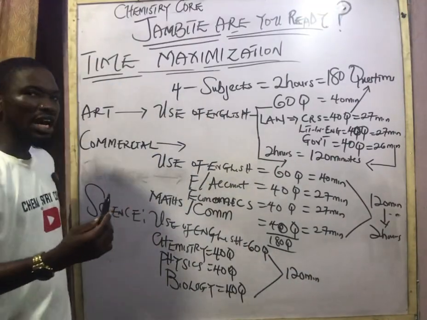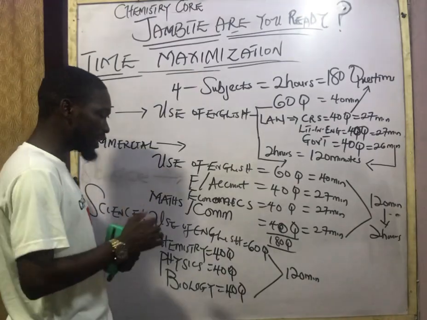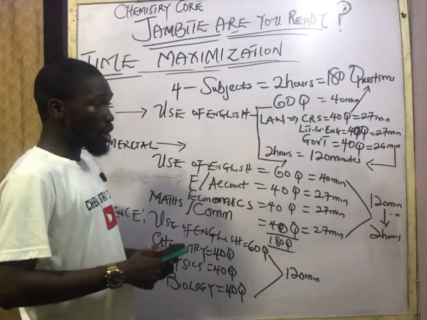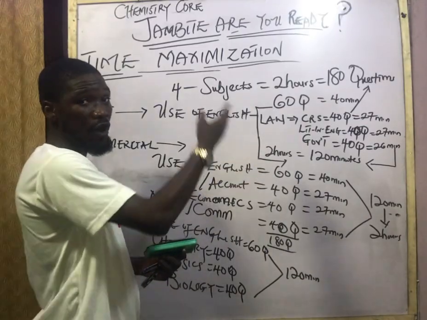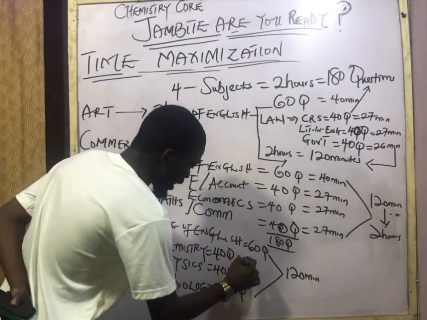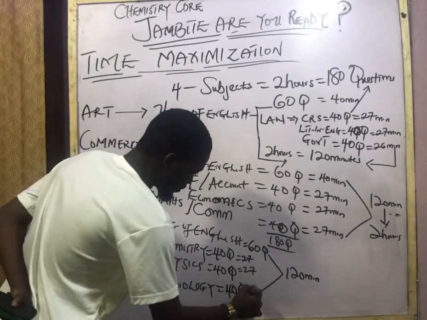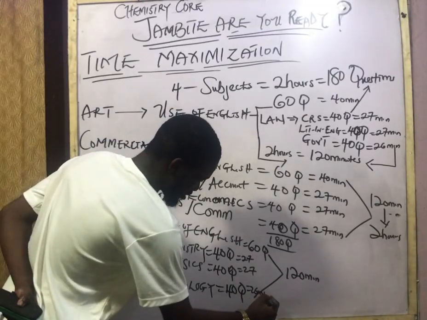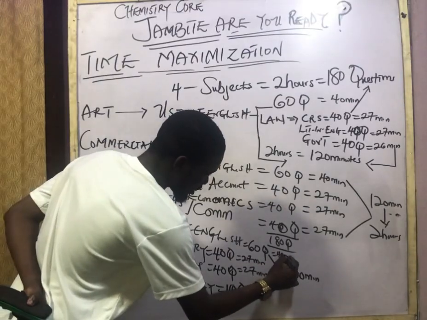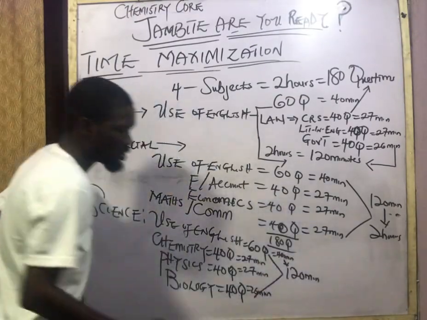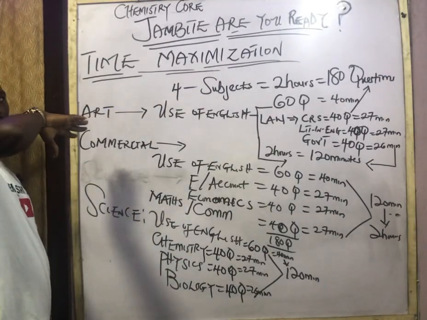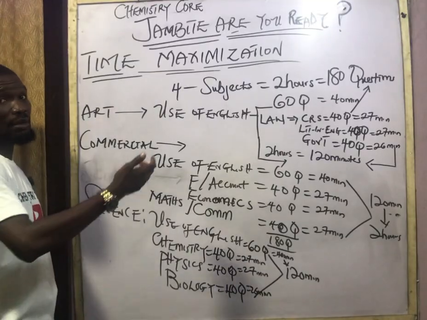As a science student, I would advise you to spend 35 minutes on English, or you can as well use that format for the arts and commercial departments. So here I have 27, here I have 27, here I have 26 minutes, and here I have 40 minutes. All the same, this is how you can maximize your time as a Jambite.